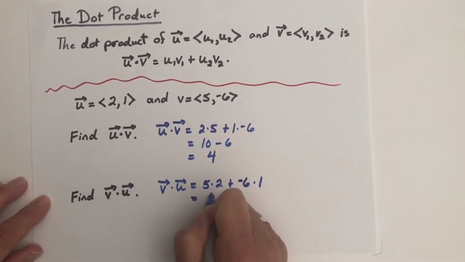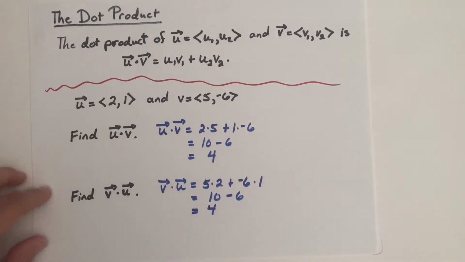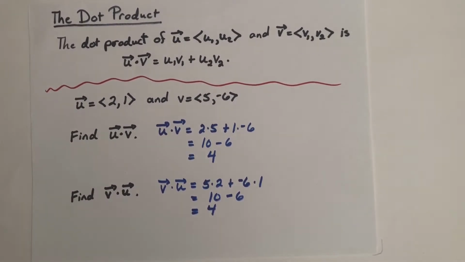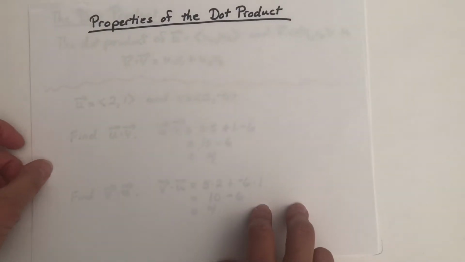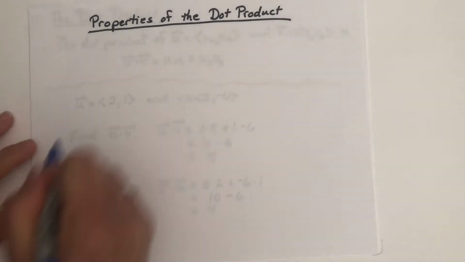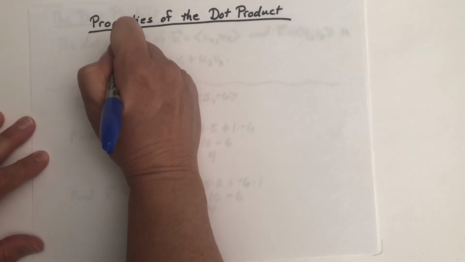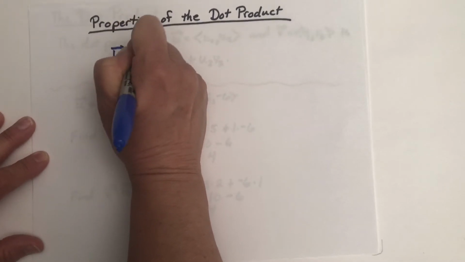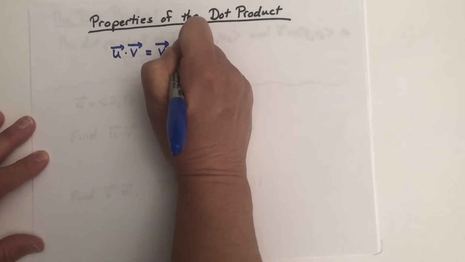And of course, you can see that it gives us the same result. So in fact, the dot product is commutative. So let's jot that down as one of the important properties of the dot product. And that is that if you have vectors u and v, u dot v equals v dot u.